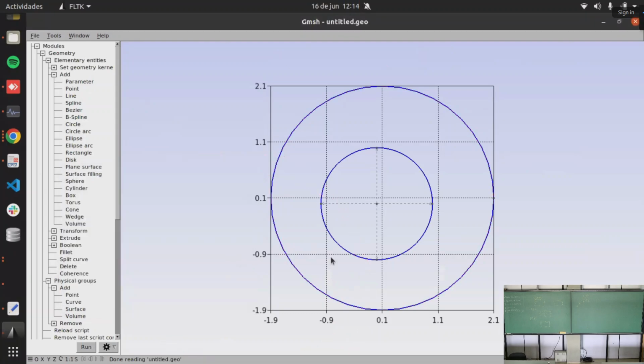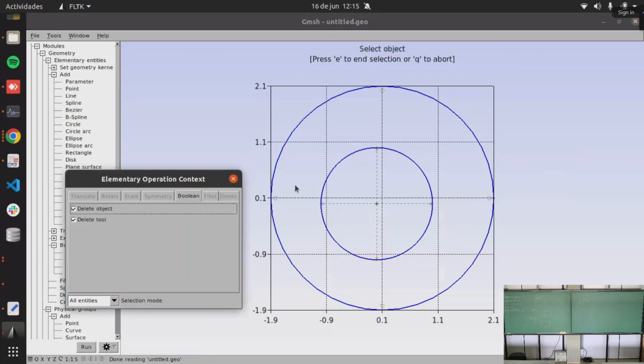So I have this circle, and maybe plane surface, create the bigger one, and maybe I want to perform the Boolean operator to except the smaller one, difference, entities, surface. I have to import the bigger area first and the smaller area after. Notice that the little line that we had before doesn't appear now because I performed the Boolean operation successfully.